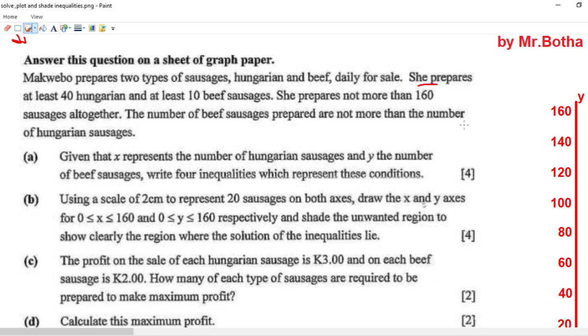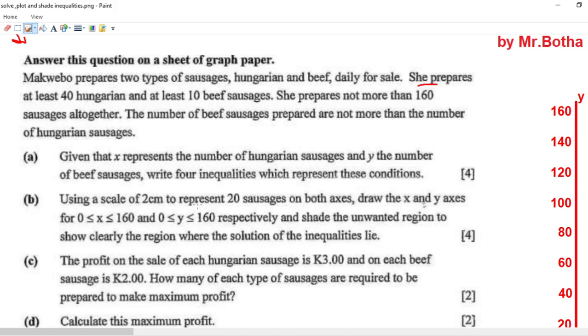So we'll need to formulate inequalities from these statements. After that, we are going to answer the questions that follow. Our main focus is first to identify inequalities and then plot them on the X-Y plane, and then we will answer the other questions that follow.